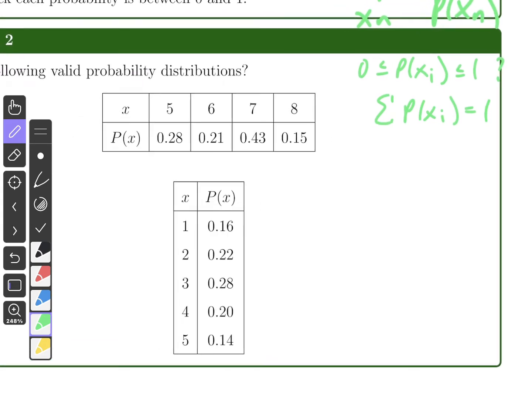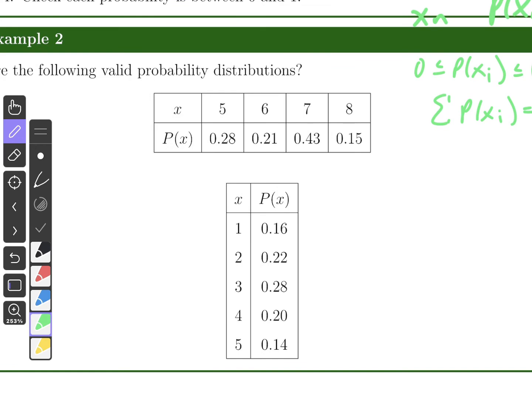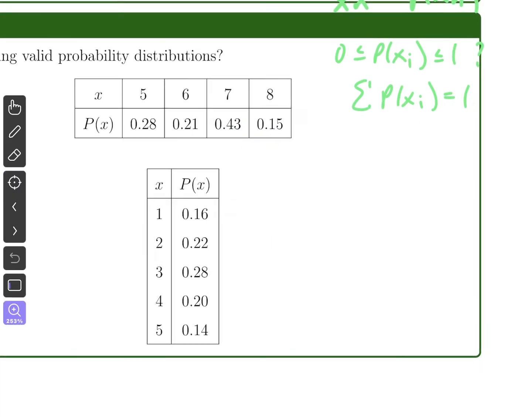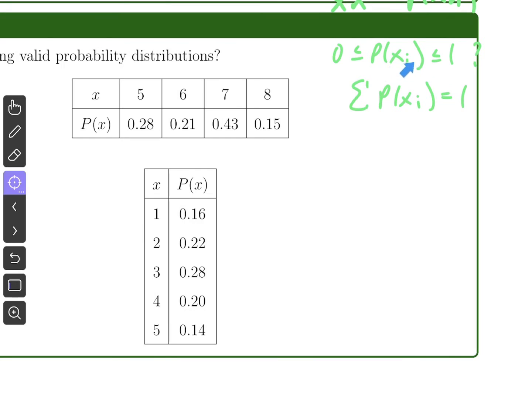So in this first example, we have the outcomes of 5, 6, 7, and 8, whatever this experiment is. Those are the outcomes, and each one of them has the probability associated with it. Now I think you can clearly see all of these probabilities are between 0 and 1. And same thing with these, between 0 and 1.